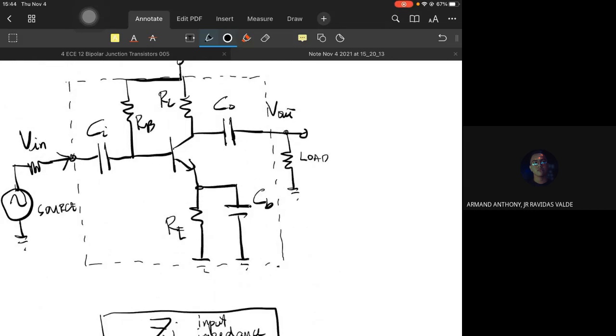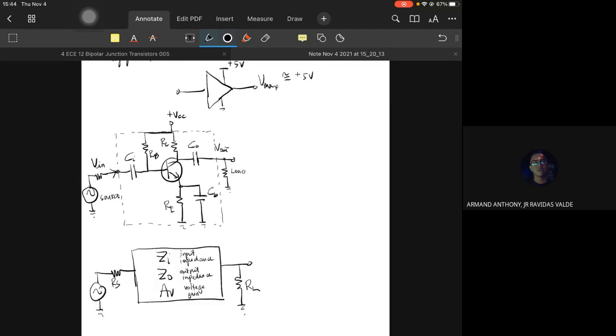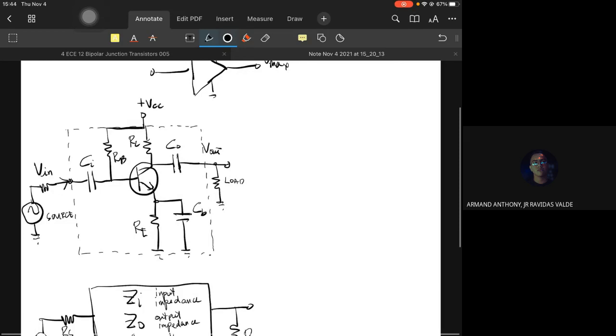We convert this one to that one. There are rules to follow. Technically, the proper term is a model: how can we model our actual amplifier circuit into an amplifier system, a black box?